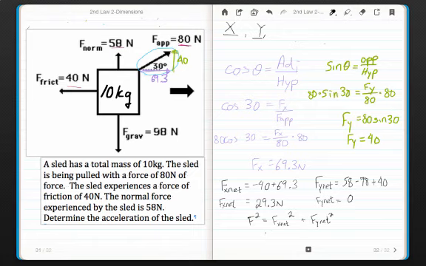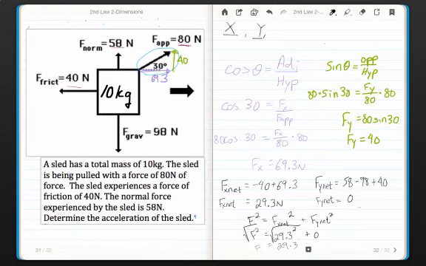We know that fy net is 0, and this is just 29.3 squared. I'm going to skip a step here and just square root both sides, because anything added to 0 is itself. If we do that, we get f is equal to 29.3.